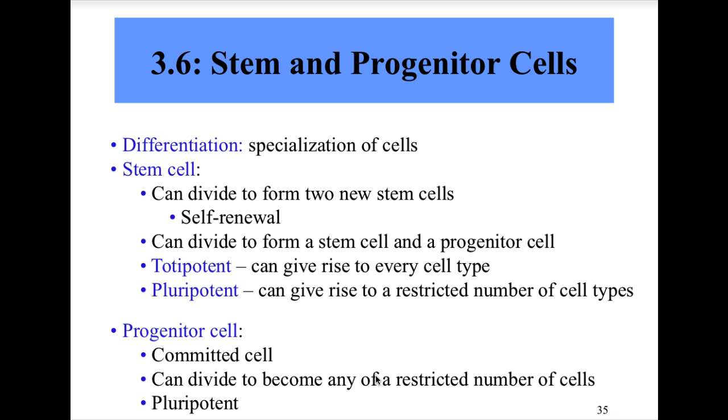Totipotent stem cells can give rise to any cell type in the body, and those are the ones, often when you hear about embryonic stem cells, that are most valuable. But in non-embryonic stem cell research, a lot of those cells are pluripotent, and they would only give rise to certain cell types. So you're limited there.